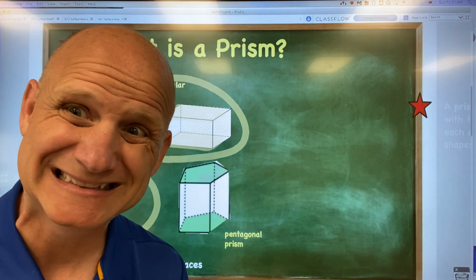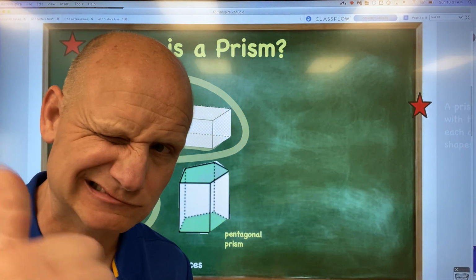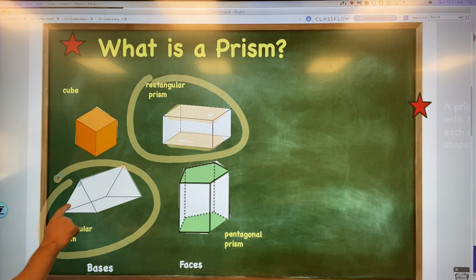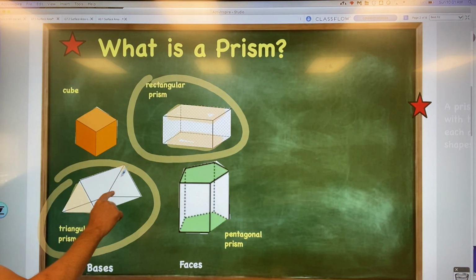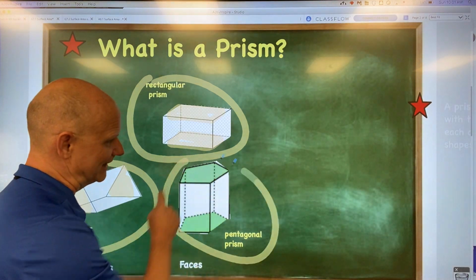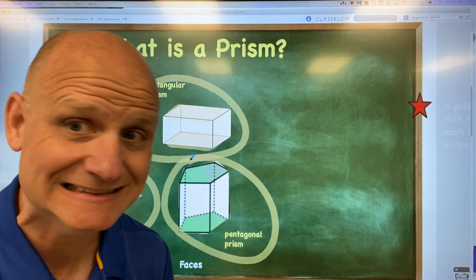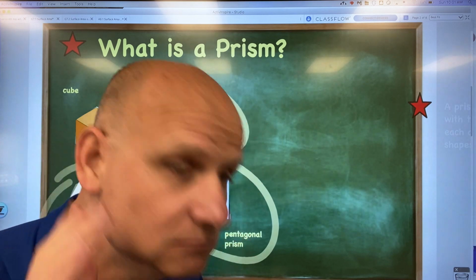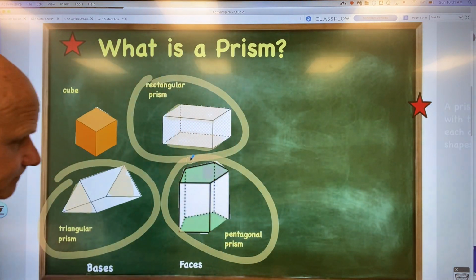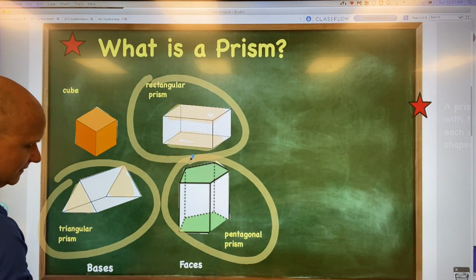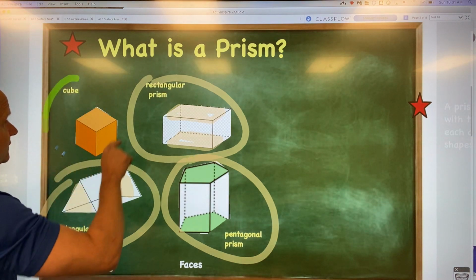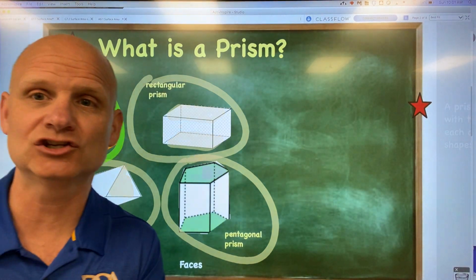Because its bases are triangular, this and this. Why is this shape called a pentagonal prism? Because its base is pentagonal.